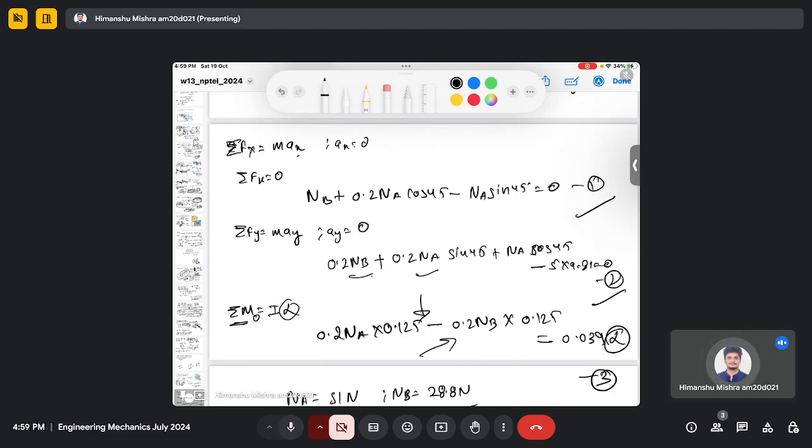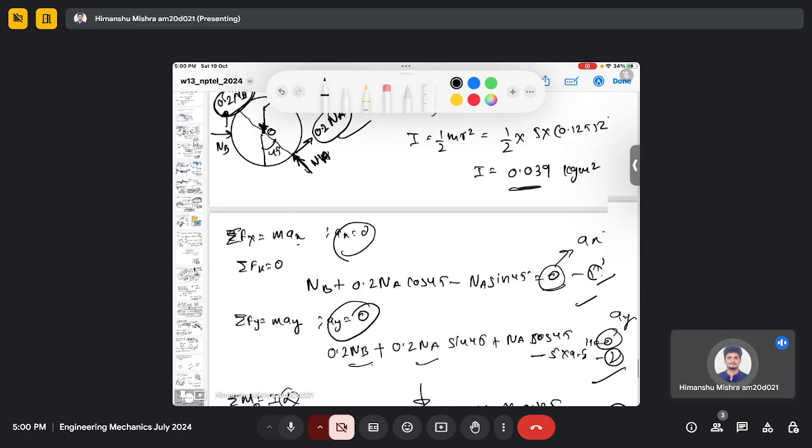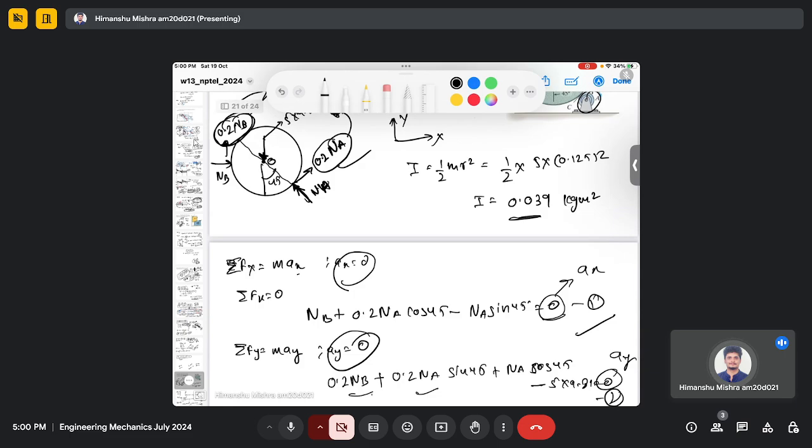So you may find a problem where it is exhibiting translation motion. In that case, these accelerations are non-zero, and instead of 0 on the right hand side, it is given in terms of accelerations ax and ay, which can be unknown or can be given in the question depending on what they have asked to find. So in such questions, the forces and moments are not in equilibrium, so the right hand sides are not zero.